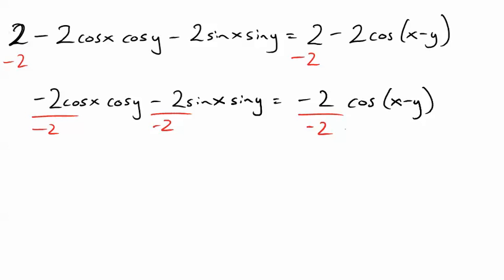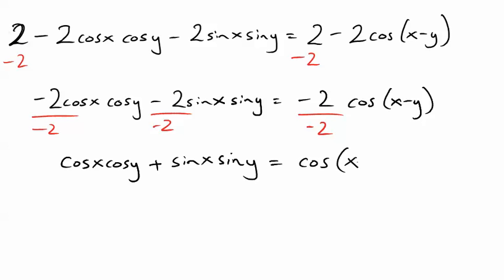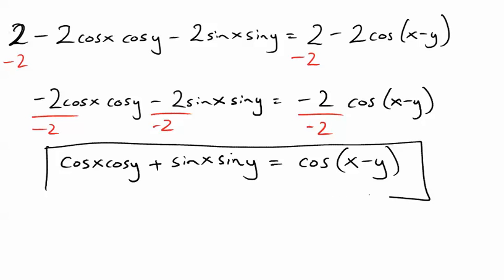Negative 2 divided by negative 2 is positive 1. So I get positive 1 cos x cos y, positive 1 sine x sine y equals cos(x−y). So this is the difference identity for cosine.